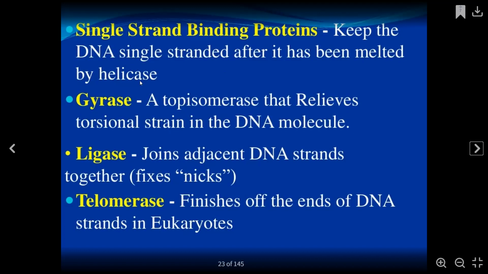And here comes the gyrase enzyme. This is a topoisomerase, and there are a number of topoisomerase enzymes. One of them is the gyrase enzyme, which relieves torsional strain in the DNA molecule so that it can complete the replication.